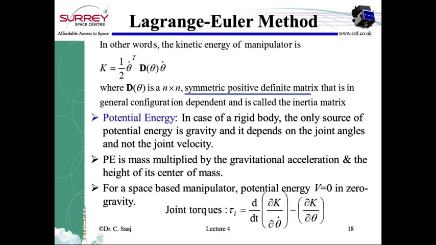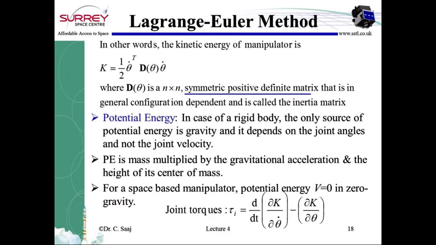In general, we write the Lagrange-Euler equation for the dynamical model of an arm as tau is D of theta theta double dot plus H of theta, theta dot plus B theta dot plus G of theta, where D of theta is the inertia matrix, which is a symmetric positive semi-definite matrix, and it's an n by n matrix.